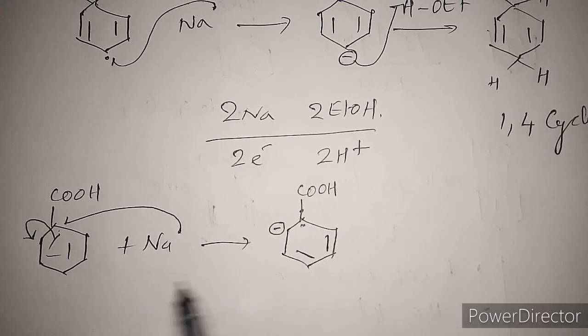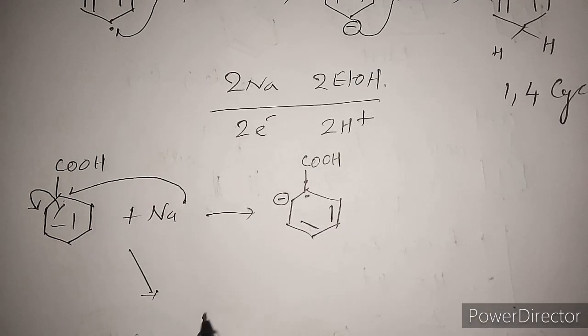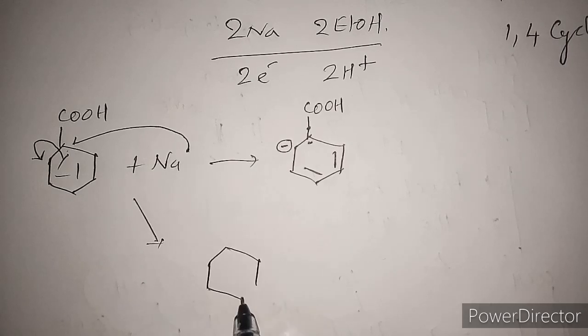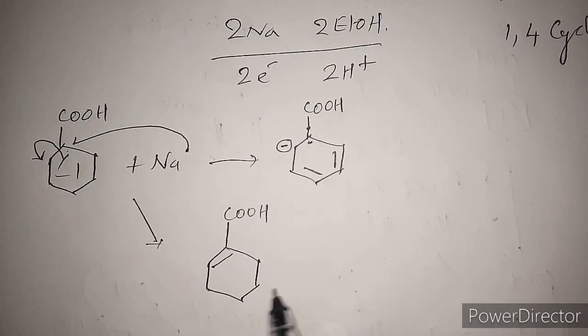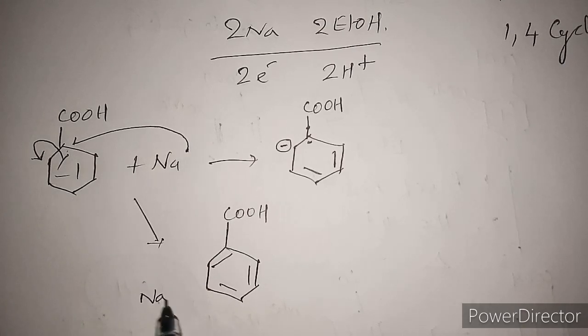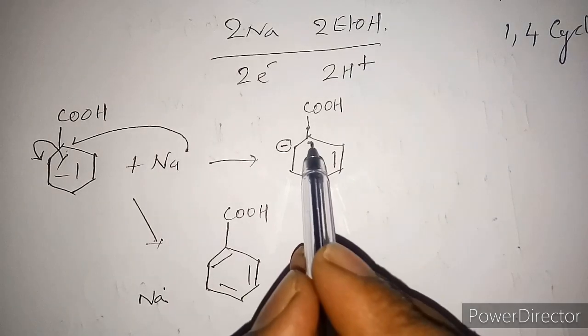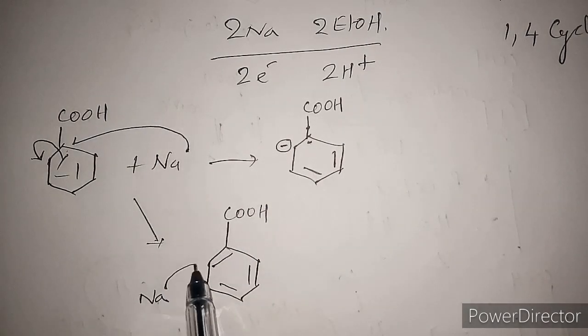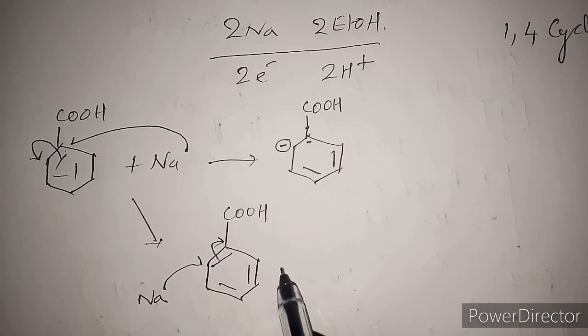Now that is one way. Another is: if the sodium donates here, you will get a radical here and a negative charge. If the sodium donates to this carbon, now this will shift to the ipso carbon atom.